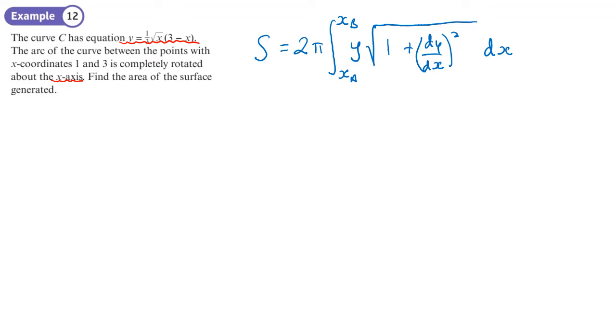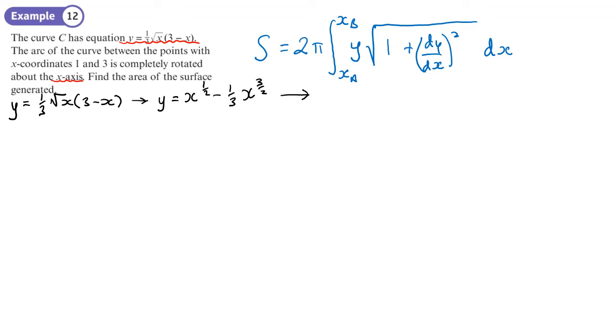Now we have y equal to 1/3 root x times 3 minus x. So we've got to expand the brackets first. So we'll have y equals root x, or x to the power half, minus 1/3 x to the power half plus 1, so x to the power 3 over 2.